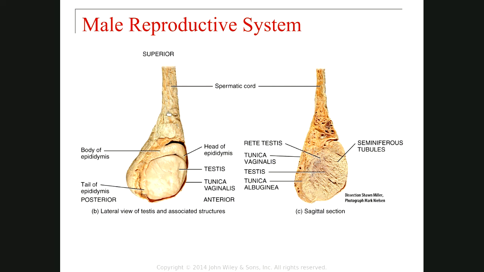First, it's located in a cord, in a structure here, which we call the spermatic cord, and the spermatic cord contains different parts. I will talk about them later for you. And this is the sagittal section. In the sagittal section, you can find some lobules, some compartments, and in each lobule we have seminiferous tubules.